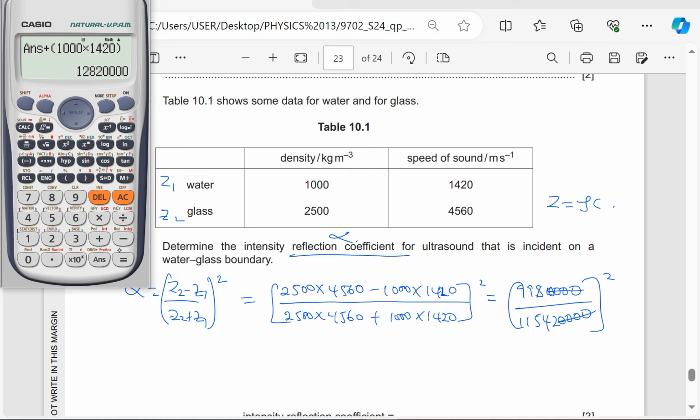So I'm getting something different. 1282 and 4 zeros. I think I made a mistake here.